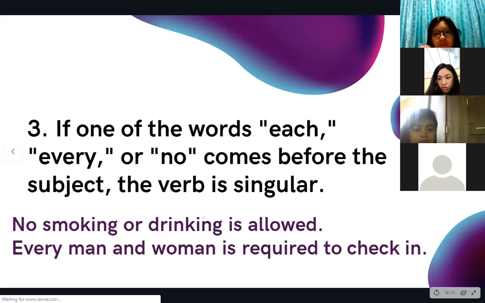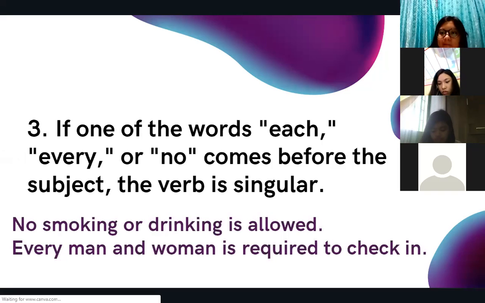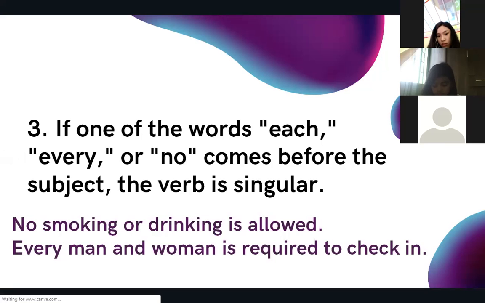Because the rule is, if the sentence starts with every, each, and no, then your verb will be singular, even if you have a compound subject like man and woman. In this sentence, "every man and woman," every means one person, one woman, one man. We're not talking about all, only every one, one by one. That's why the verb to be used is singular.